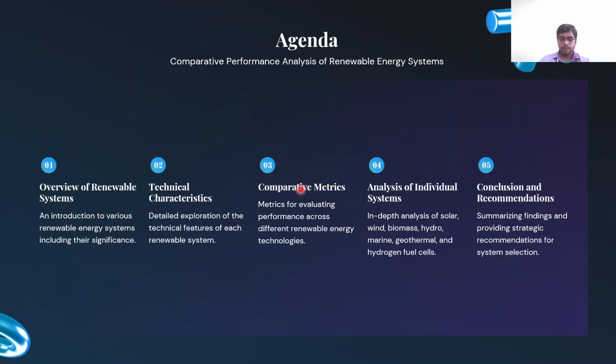Then we will analyze the individual systems like solar, wind, biomass, hydro, marine energy, and geothermal, and so on, by using these performance metrics. And then we will compare the different energy sources, and we can summarize their performance.